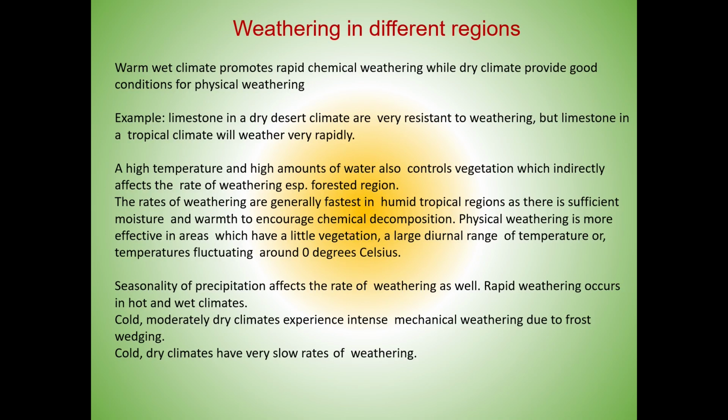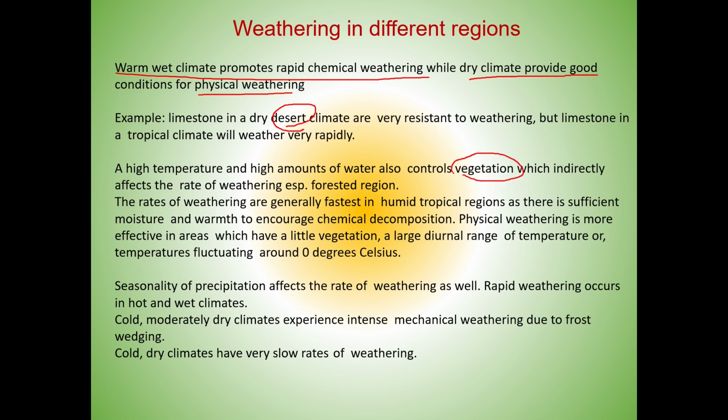Weathering in different regions. Warm, wet climate promotes rapid chemical weathering. Dry climate provides good conditions for physical weathering. A dry climate is generally a desert climate, whereas a tropical climate will be seasonally wet. In that case, chemical weathering as well as physical weathering will take place. High temperature and a high amount of water also control vegetation.